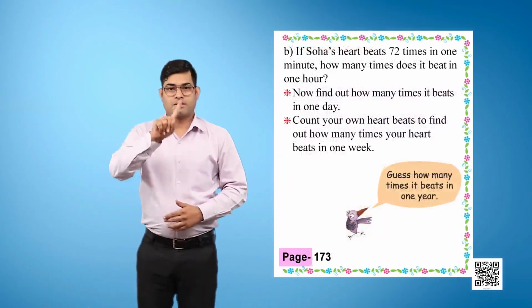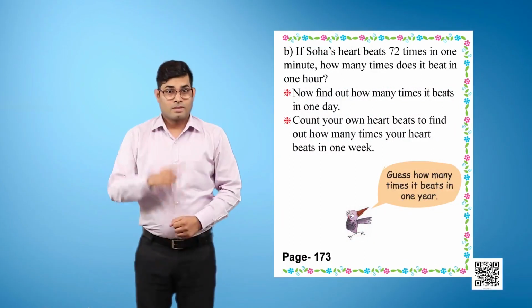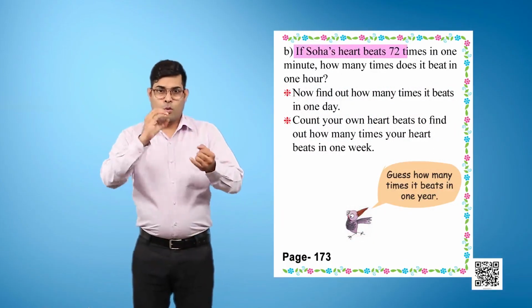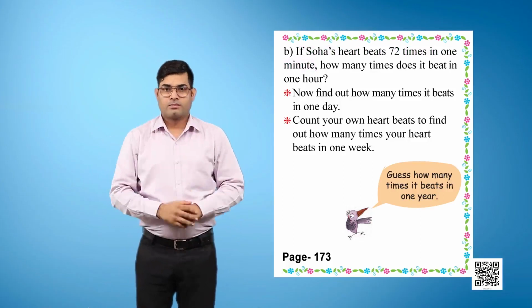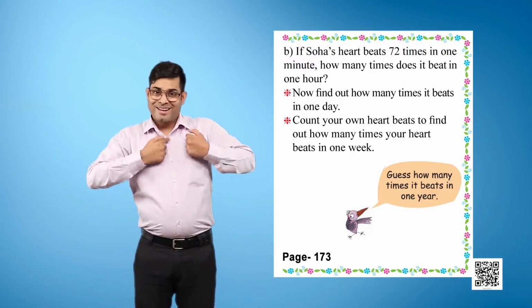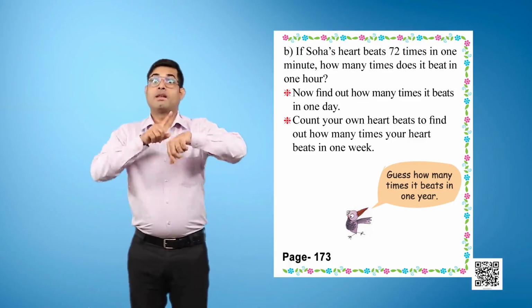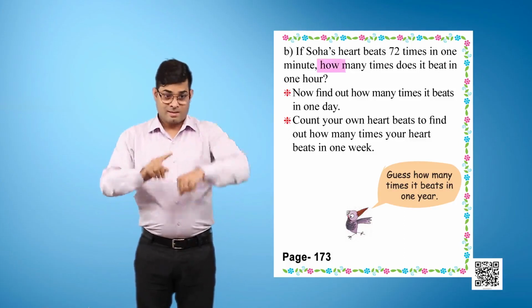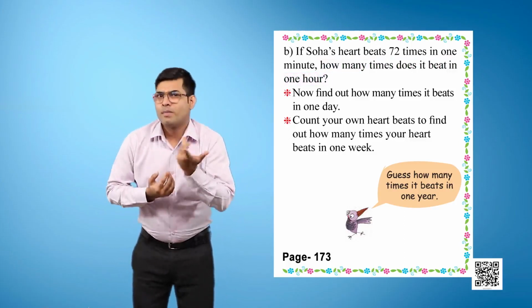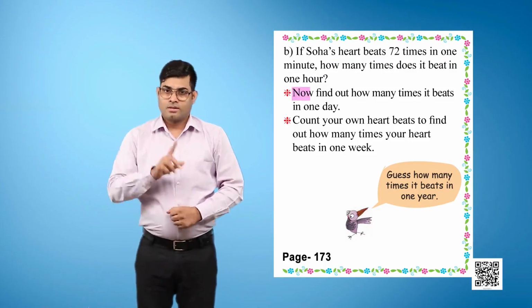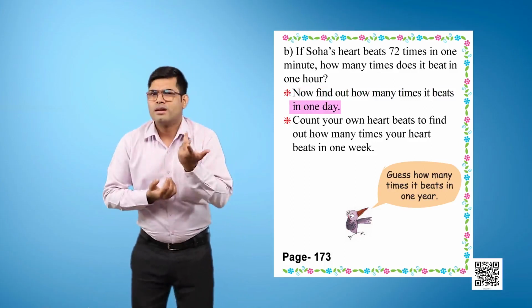Page 173. B. If Soha's heart beats 72 times in 1 minute, how many times does it beat in 1 hour? Now find out how many times it beats in 1 day.